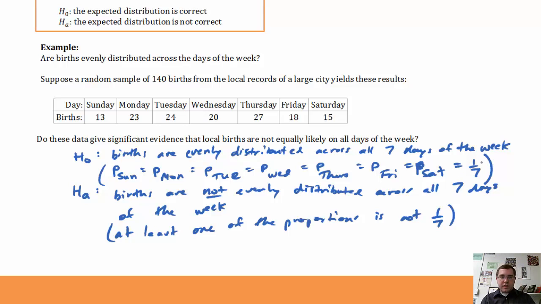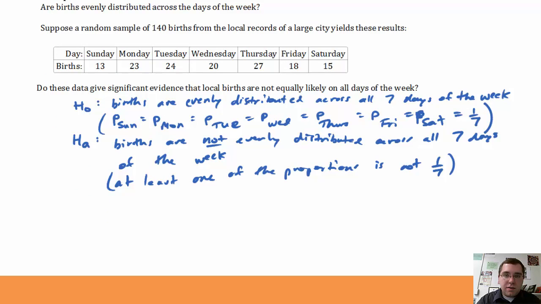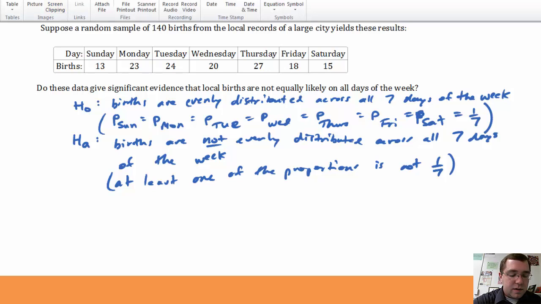Because there's 7 days in the week. If they're evenly distributed, every day gets 1/7 of the births. So again, we can write it in words, or we can use those symbols. So notice, with the chi-squared distribution, we're able to test multiple proportions, not just one or two proportions, which we would have done with a z test.